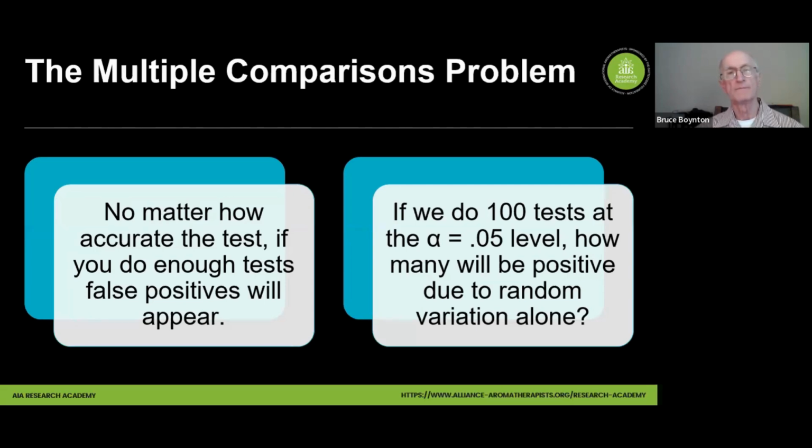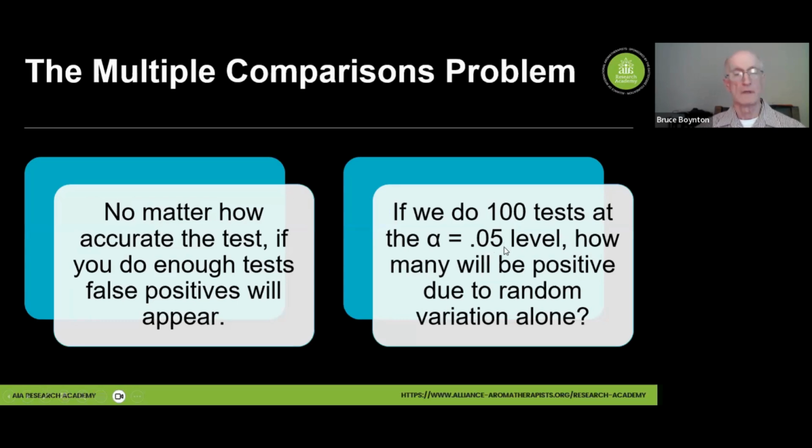Anyone have any idea? Any thoughts? It's 5. All you got to do is multiply 100 times alpha. So 100, you will move the decimal point 2 places to the right.